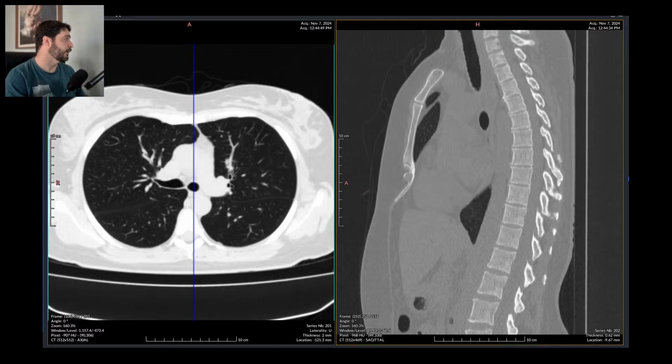So let's grab an almost normal scan template right there, and we add up those micronodules.